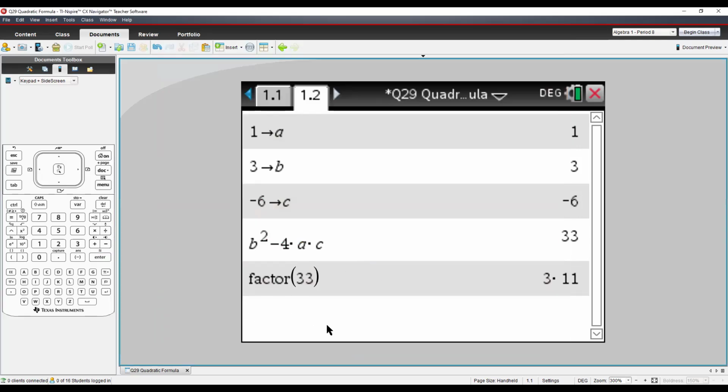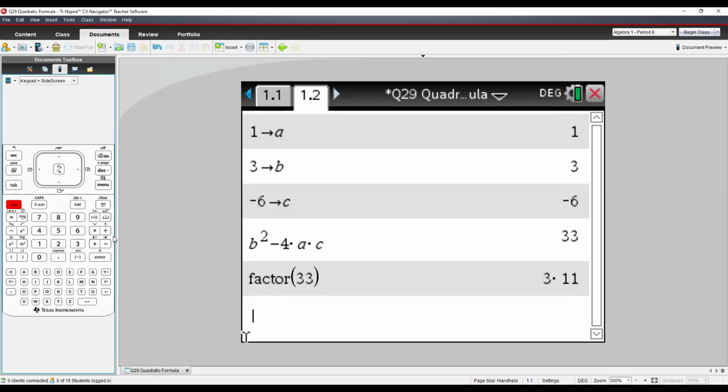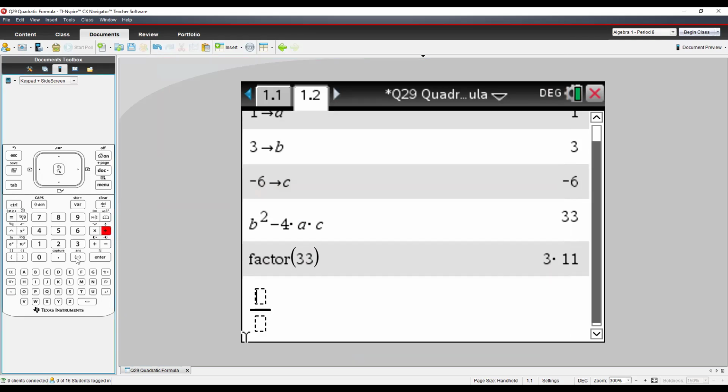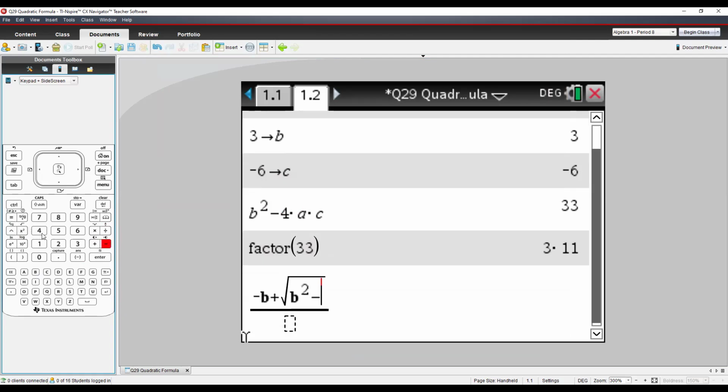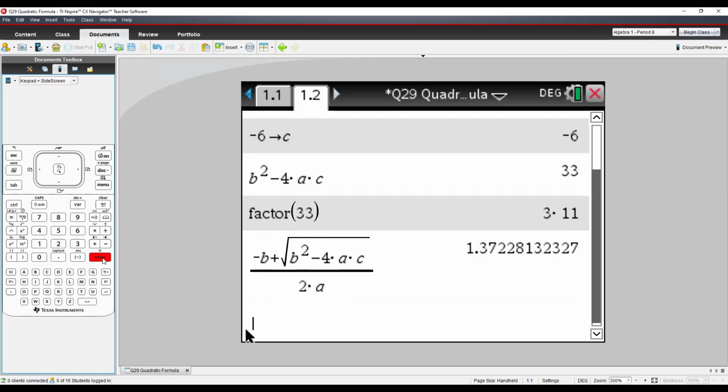Now, if for some reason you didn't realize that you needed to leave it as a fraction, you could have done control divide, and you did -b plus, we don't have a plus or minus key, so we're just going to do plus the square root, and then use the formula b squared minus 4 times a times c, and then on the bottom it's going to be 2a, and then boom.